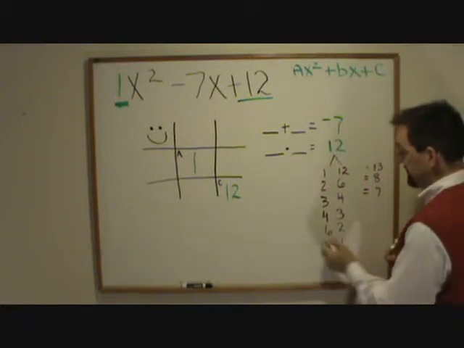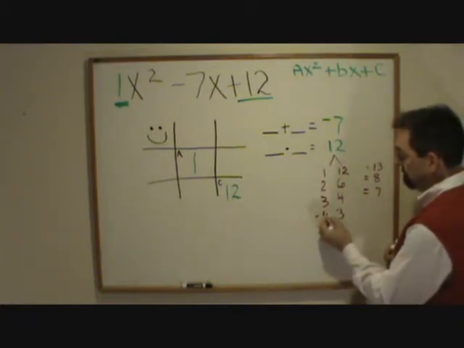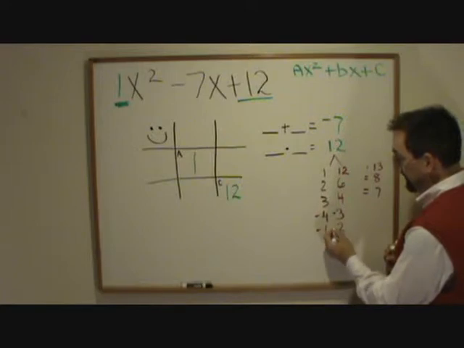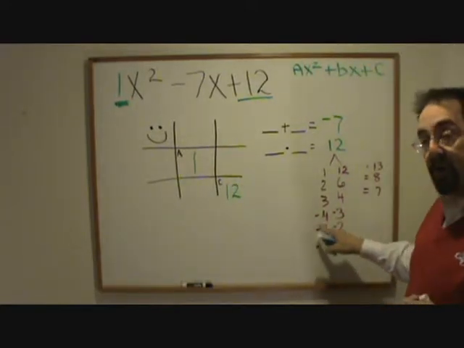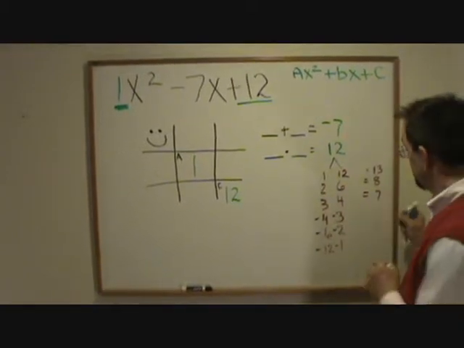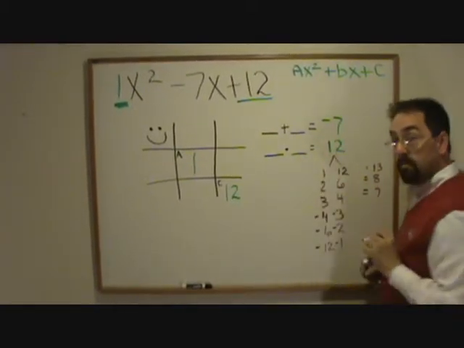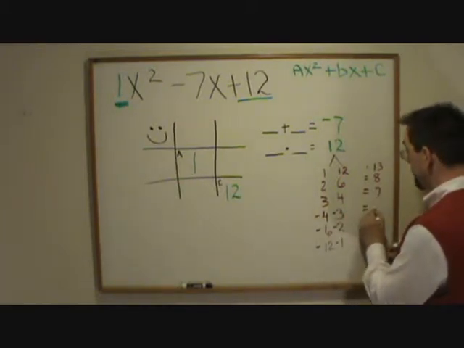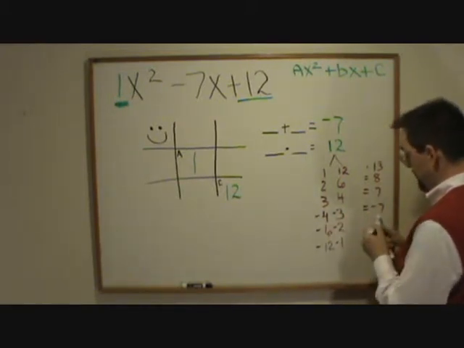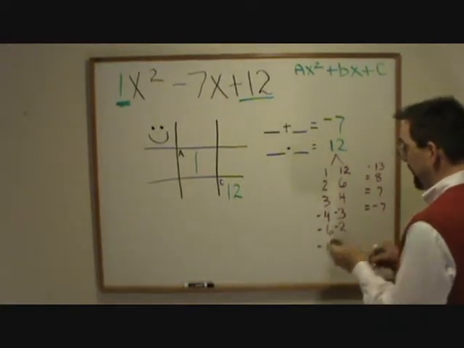Well, think of it like this: minus times a minus. If we take a minus 4 times a minus 3, we'll get positive 12. Minus 4 minus 3 gives us a minus 7. So here's our choice right here.